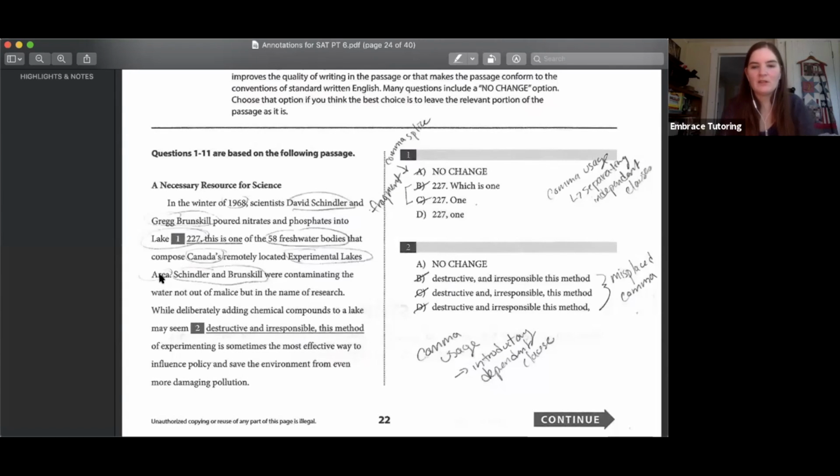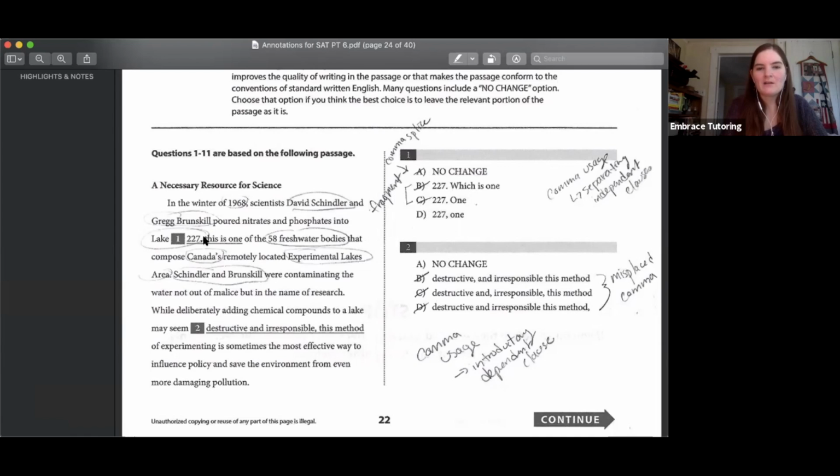It's not clear. It just doesn't make sense, because we're trying to connect these two different ideas because they're related. It creates a fragment that doesn't work in this context. So choices A, B, and C don't really work. D is the only one that does.